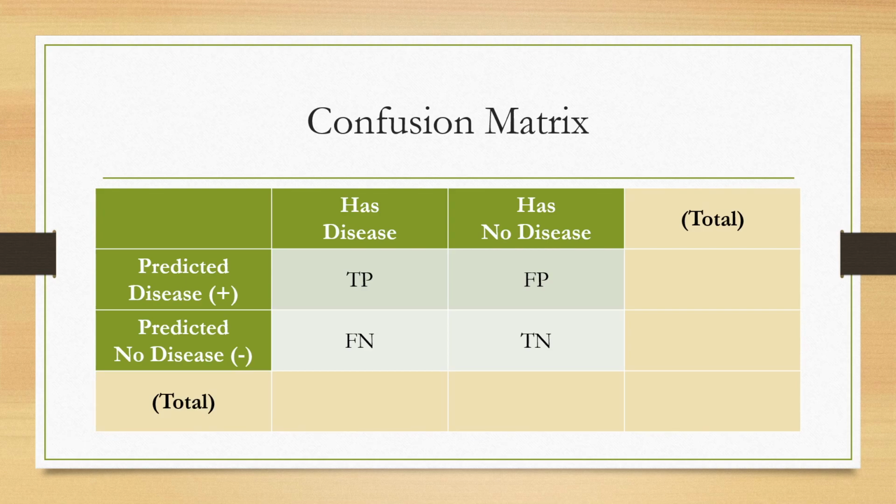Now, this information that we often use is the total column. So in the total column, let's say I'm looking at this particular total cell, and I'm looking to figure out what to enter into there. This would represent everybody within the column. So this is all of the people that have a disease. That would be my patients that I predicted correctly. I told them they had the disease, and they actually did. This is also patients that I told they didn't have the disease, but it's a false negative.